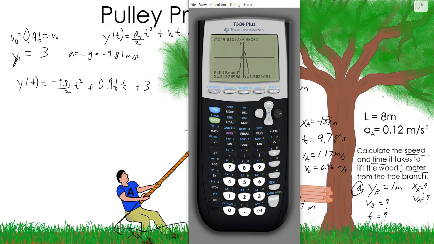There we go. Then press enter again for the guess, and y is 3.0469. So that's great news. It's not going to hit the tree branch. Lucky us. So that's how to do it with the calculator.